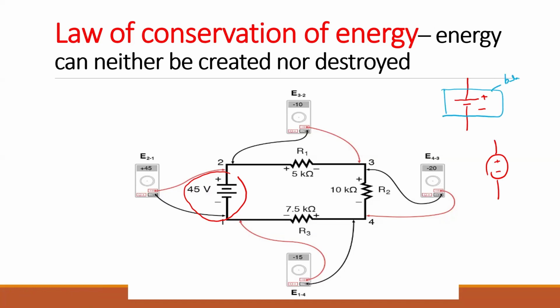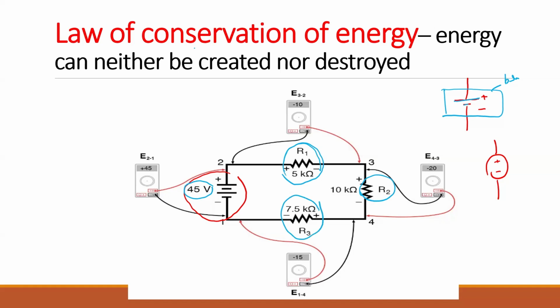When we have a battery, we have a symbol for it, which is this one. You can consider this symbol also as a voltage source. Here they say 45 volts is supplied by the battery, and the energy produced by the battery is consumed by these 3 resistors.